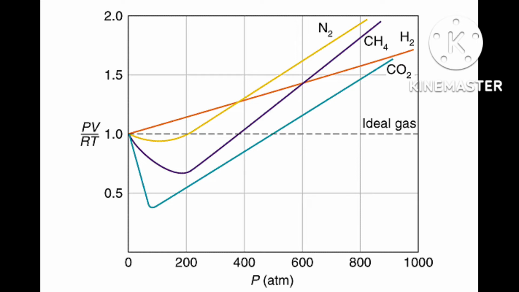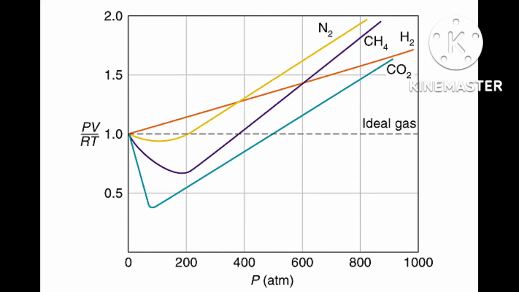Above their Boyle point, real gases show positive deviation from ideality and Z values are greater than 1. The forces of attraction between the molecules are very feeble. Feeble means less.